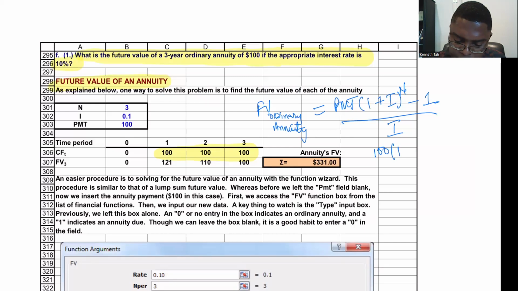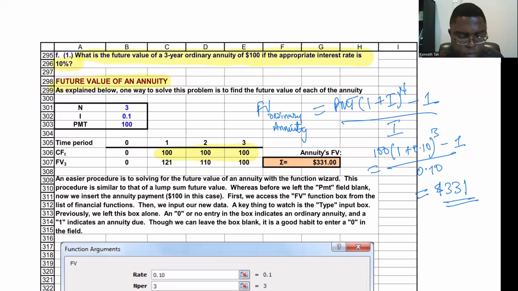The interest rate is 10%, so this is plus 0.10, and for 3 years it is 1.10 to the power 3, minus 1, divided by 0.10. If we flush this out, we end up with 331. So this is how we will do this problem using the formula.